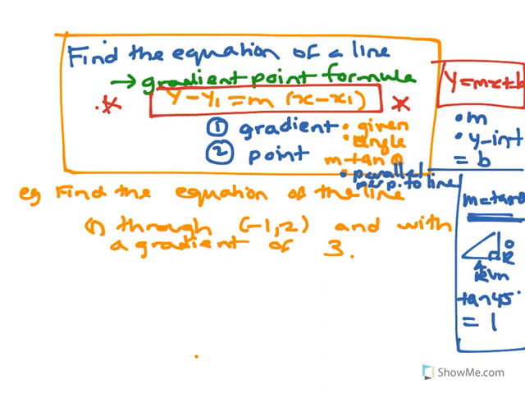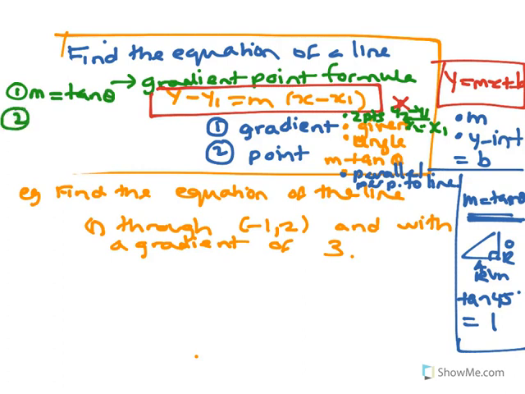Okay, so find the equation of the line. The other way too is if you're given 2 points, you can use y2 minus y1 on x2 minus x1 to find the gradient. So basically, to get the gradient, if you're given the angle, that would be tan theta.